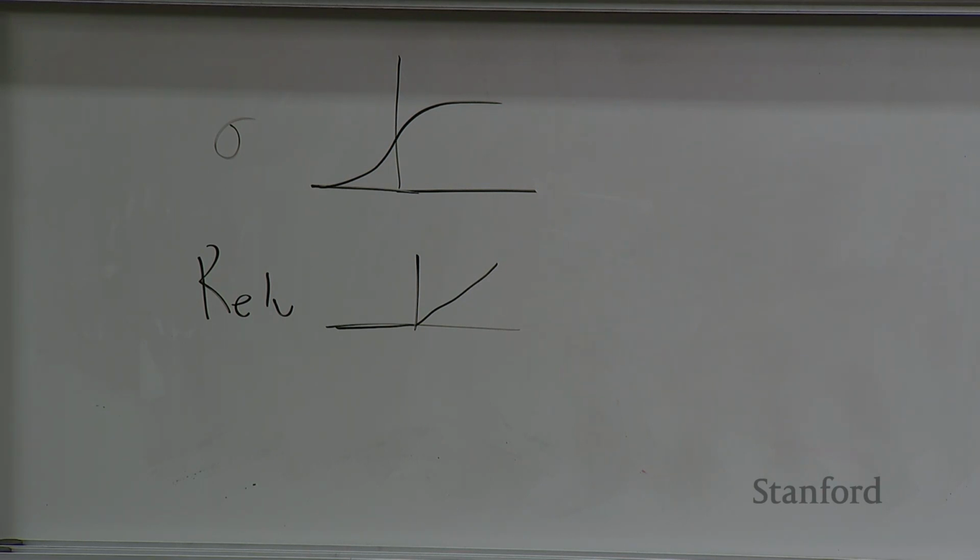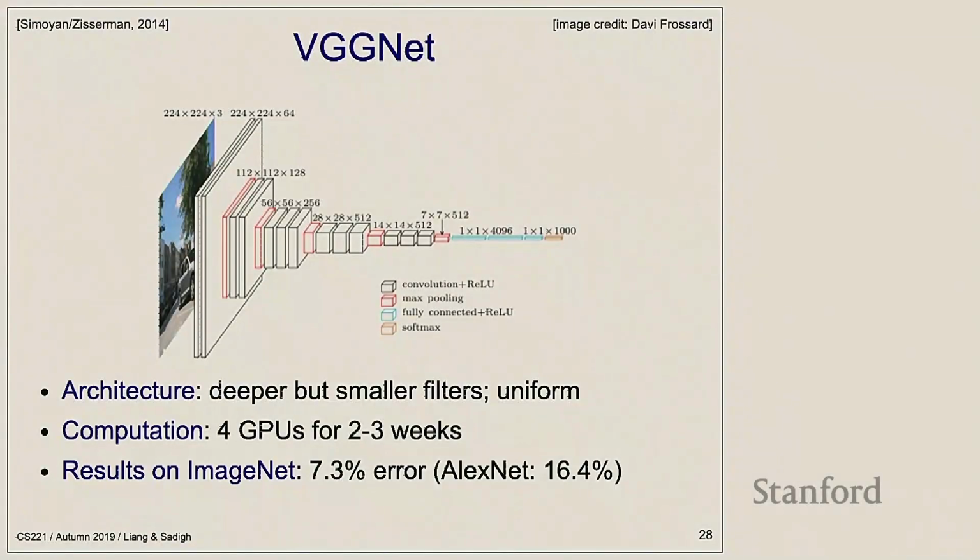The next one is VGGNet, which did well on ImageNet a couple years later. Basically, it's very similar. It's just a CNN. I think the thing to note about this one is that it's very uniform. So it was 16 layers, and there's nothing fancy in it. It was just a bunch of these Lego blocks stacked up.